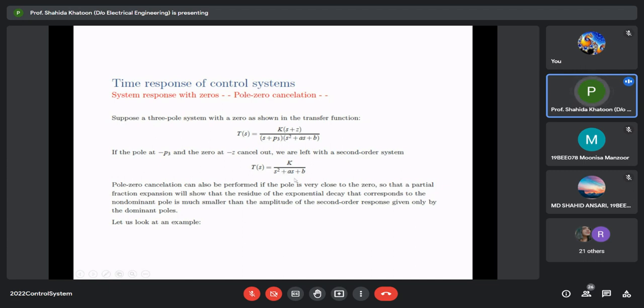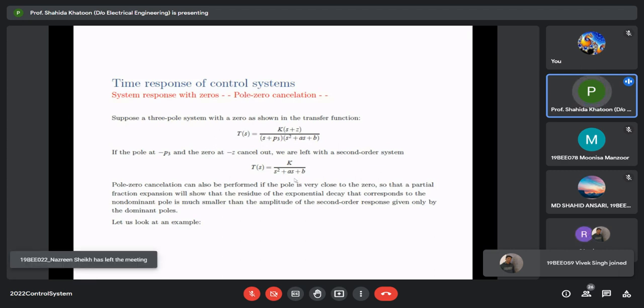Pole zero cancellation can also be performed if the pole is very close to the zero, so that a partial fraction expansion will show that the residue of the exponential decay that corresponds to the non-dominant pole is much smaller than the amplitude of the second order response given only by the dominant poles.